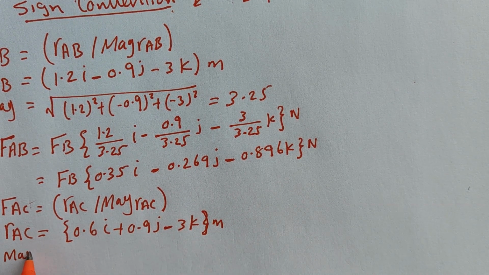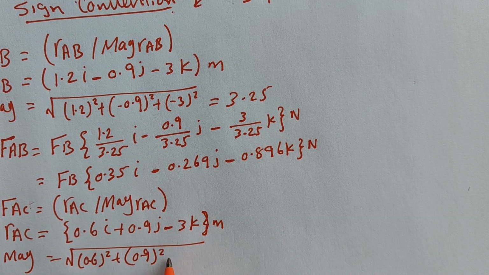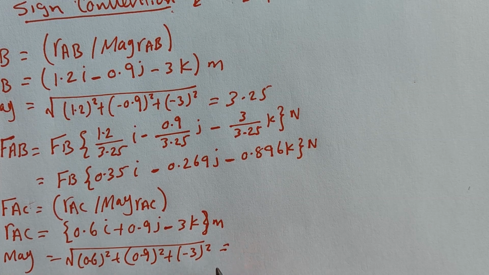Now we find the magnitude of that position vector, which is the square root of 0.6 squared plus 0.9 squared plus negative 3 squared. This all should equal 3.19.